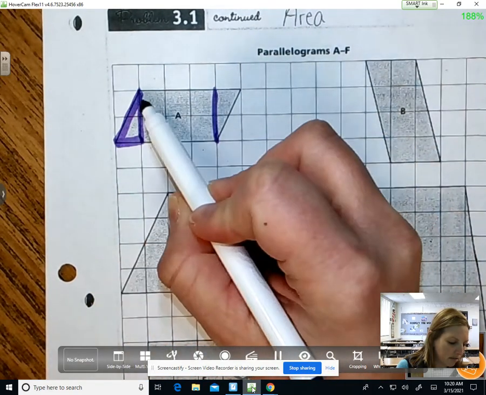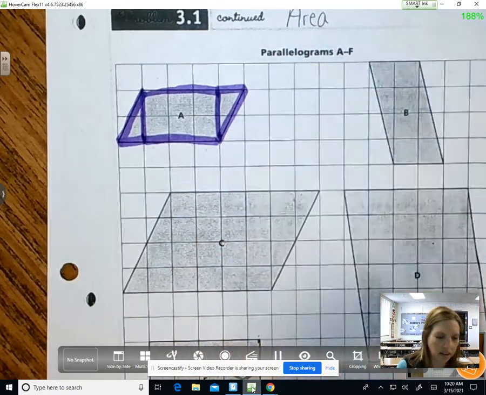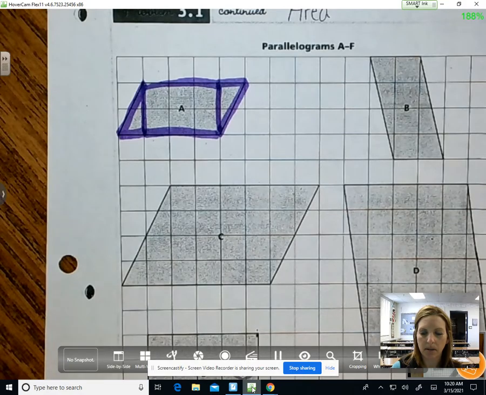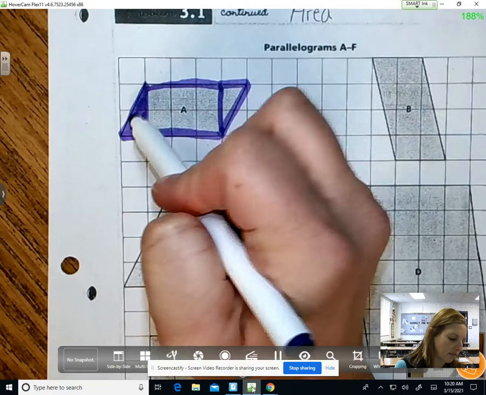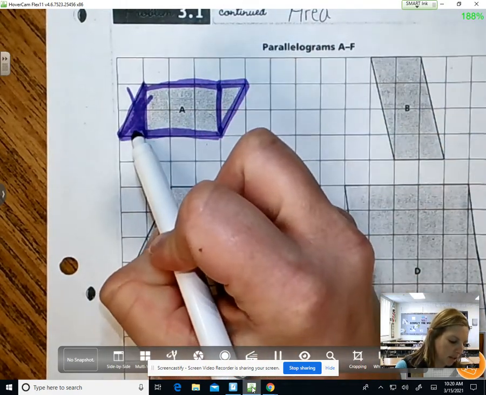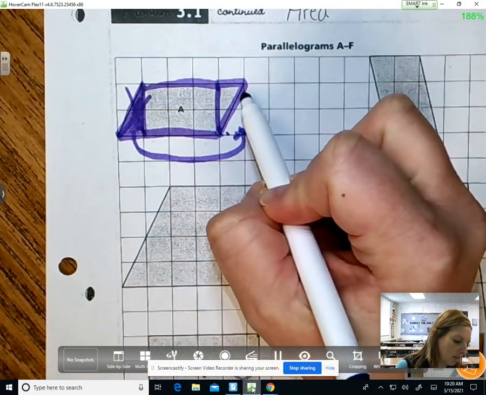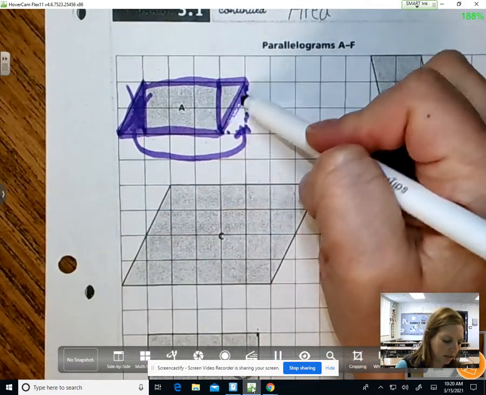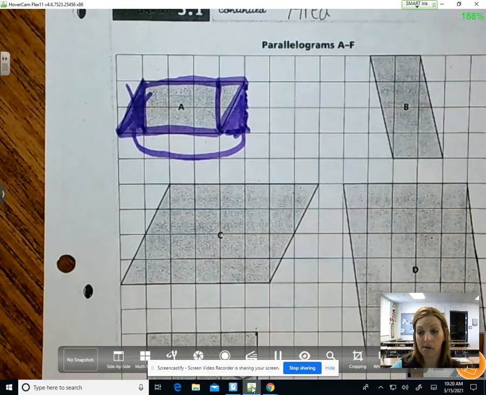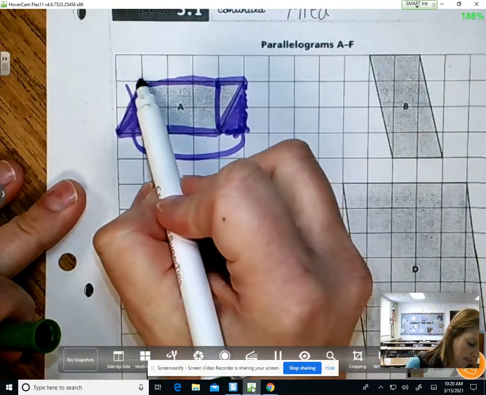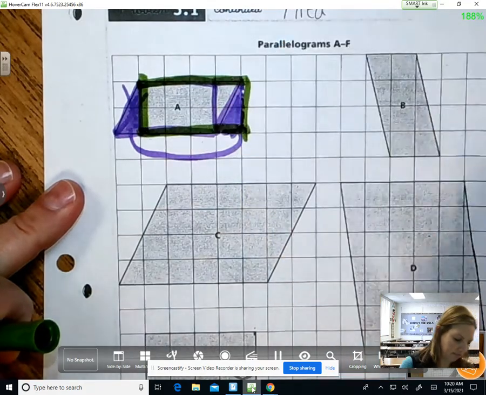a triangle, a rectangle, and another triangle. Now, some of the students said, if I take this triangle and cut it off of this shape and move it over here and add it back on, so it's here now, which sounds like a lot of work, but what actually happens is I form a big rectangle.